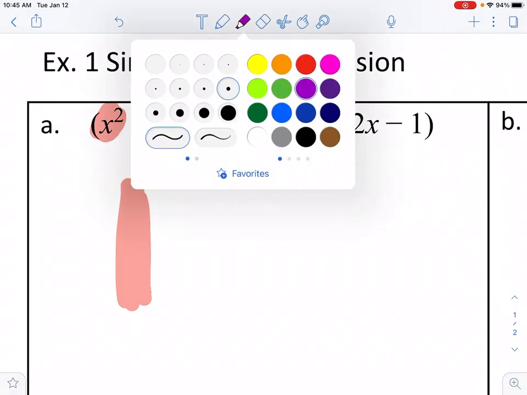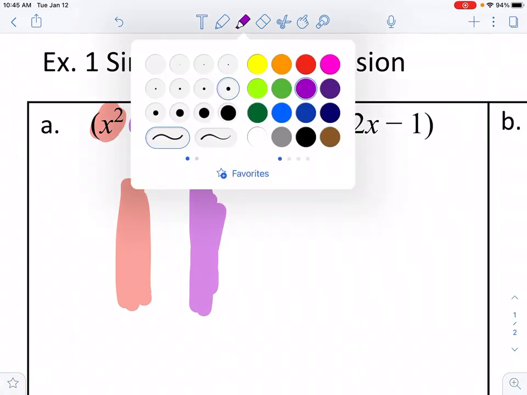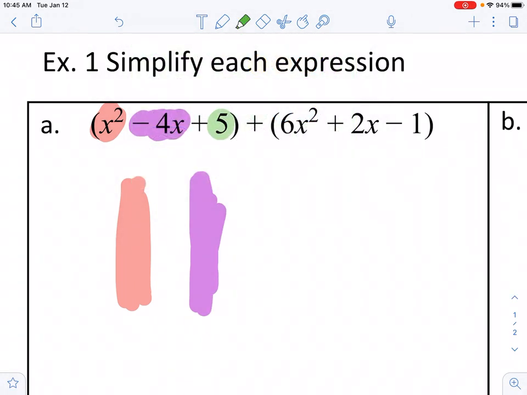I also have a negative 4x, so x to the first power. And then I have just a regular 5. That's a constant term, so that's going to go in this column. So I'm going to do x squareds in this column, x to the first in this column, and regular numbers in this column.